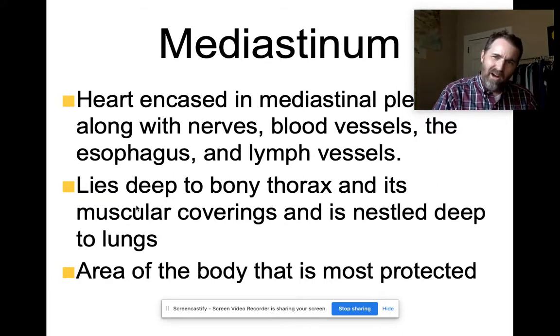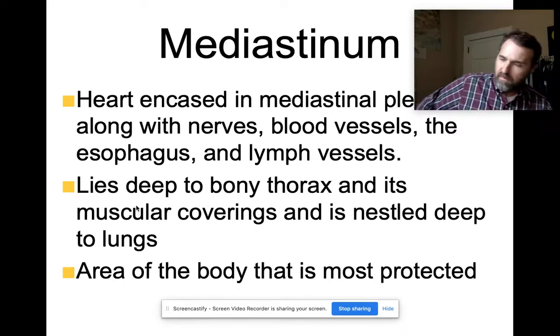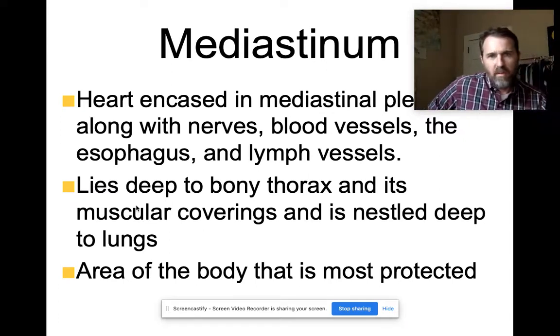And this is the area of your body that is most protected. It has everything else on top of it. To get to the heart, you got to get through rib cage, lung, vertebral column. It's very well protected.